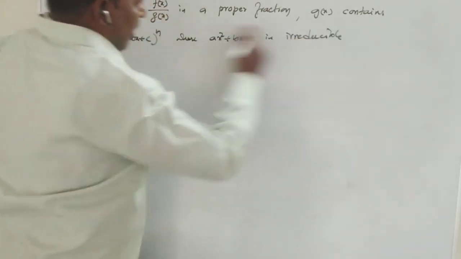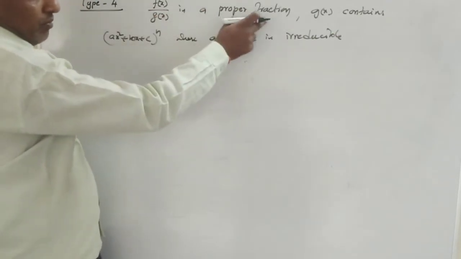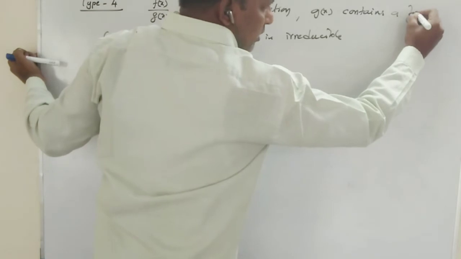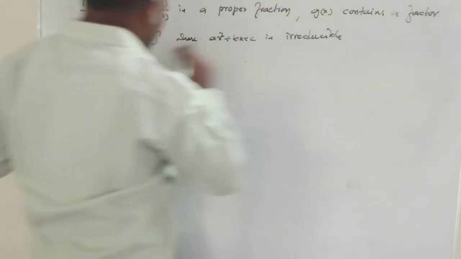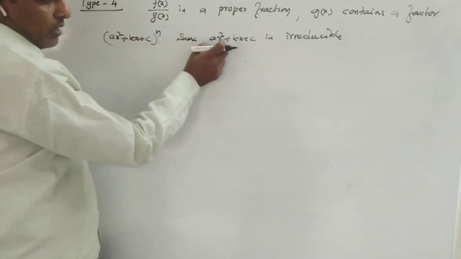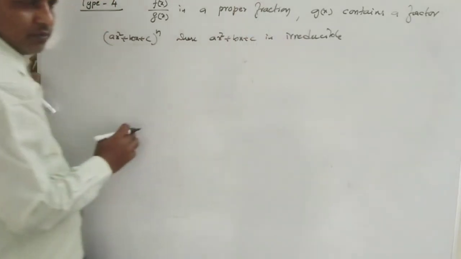Is it clear? F of x by g of x is a proper fraction, and g of x contains a factor ax square plus bx plus c whole to the power of n, where ax square plus bx plus c is irreducible.